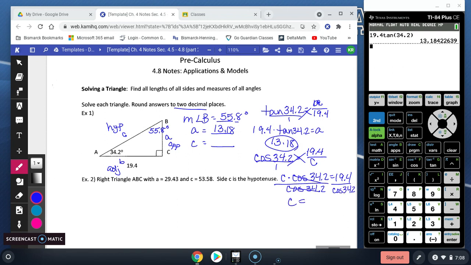And c equals 19.4 divided by cosine of 34.2. Enter.